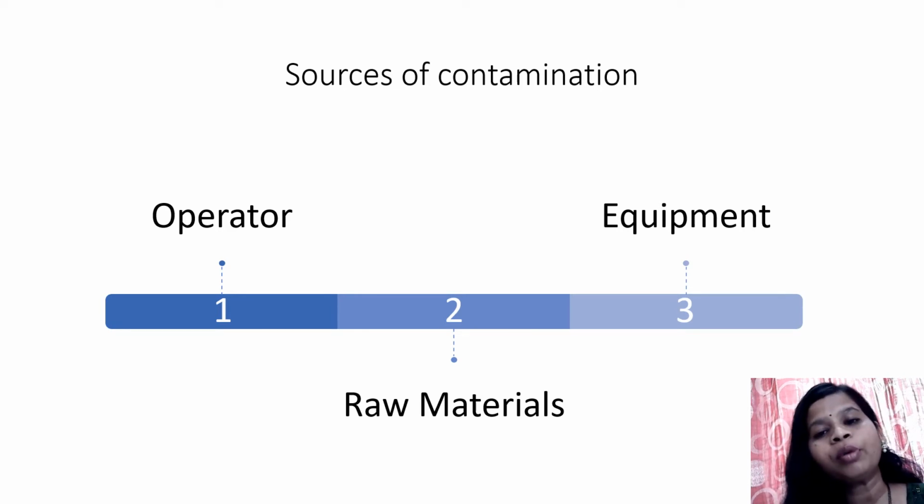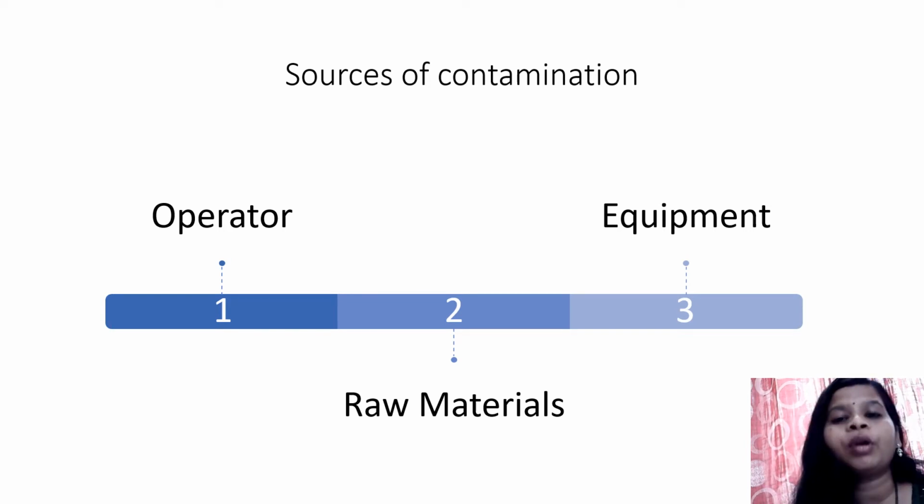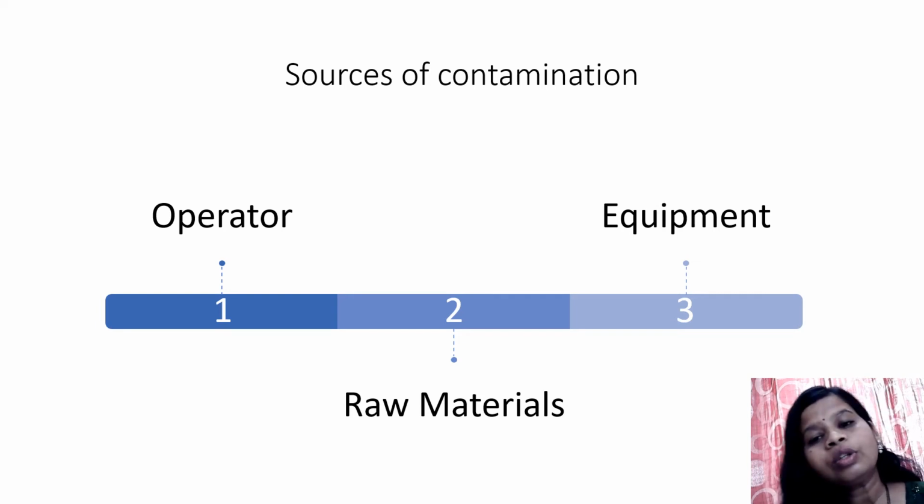That means one product is mixed with another product, causing mix-ups. Due to this, both products will be contaminated with each other. Such cross contamination can make the raw material a contaminated material.